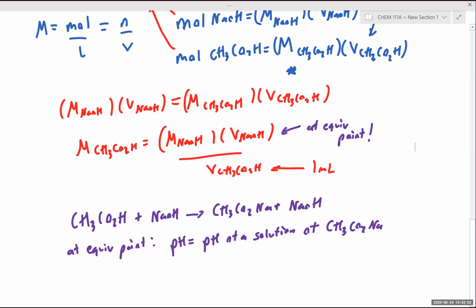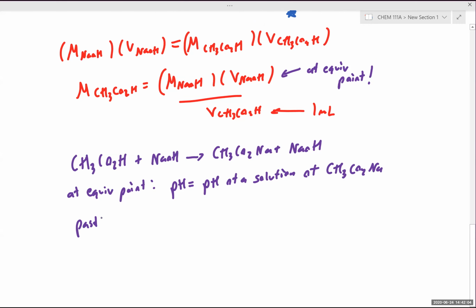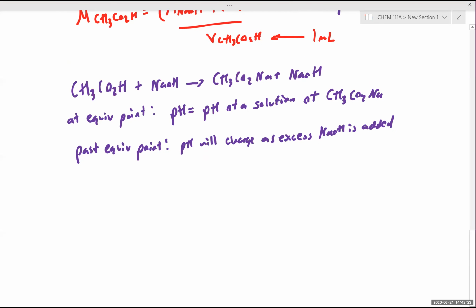Now, past the equivalence point, the pH will change as excess sodium hydroxide is added.